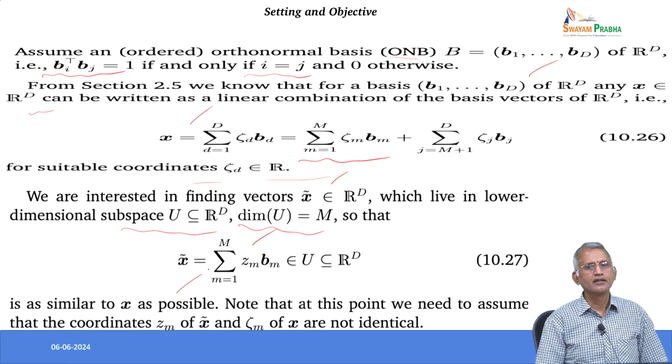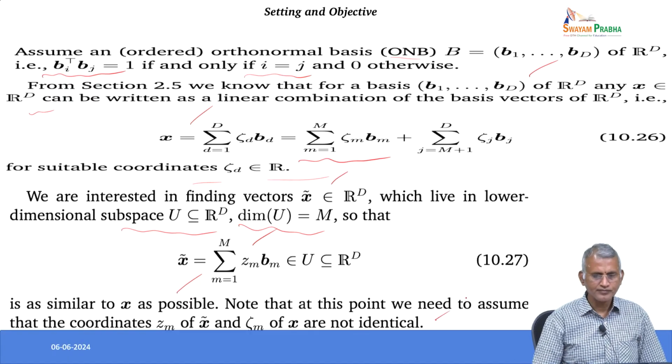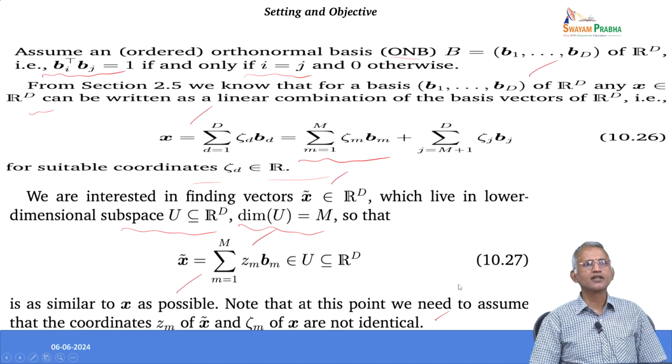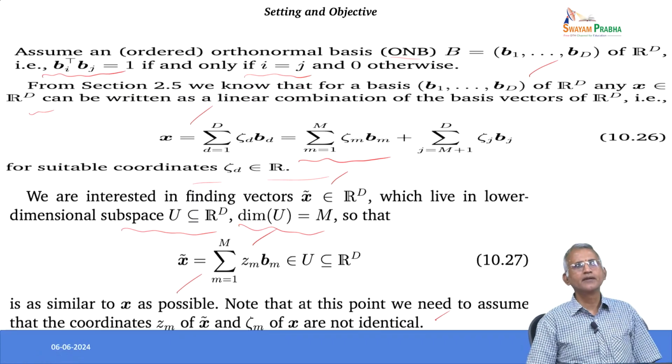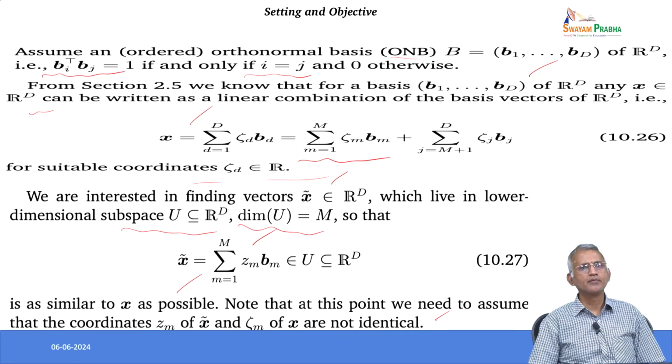Note that at this point we need to assume that the coordinates zm of x tilde and zeta tilde m of x are not identical. So, this is the construction of the setting and objective of the function of the orthonormal basis.